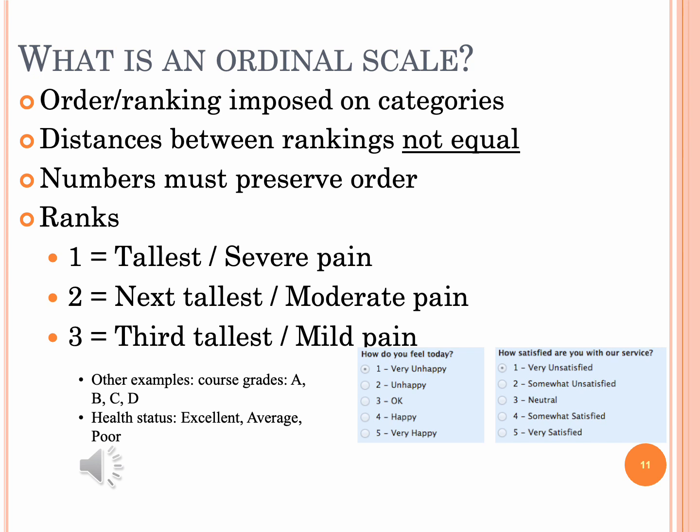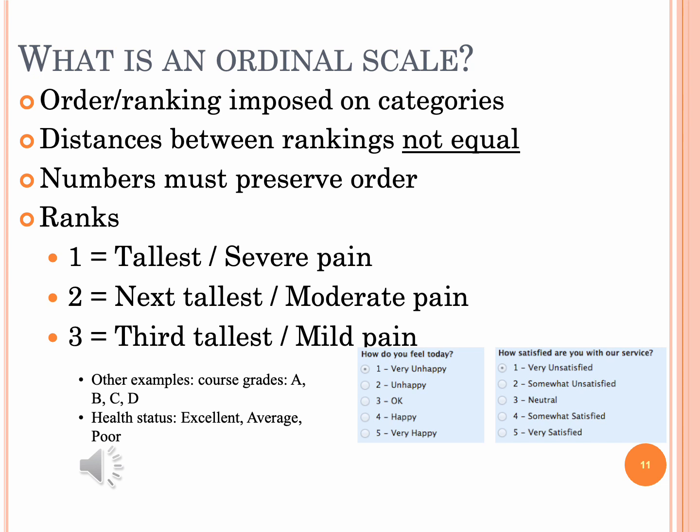So examples would be a Likert scale. You will see these measures, for example, how do you feel today, ranging from very unhappy to very happy. This is an example of a 5-point Likert scale. The same with satisfaction, from very unsatisfied to very satisfied. Other examples are grades, for example, if you get an A, a B, a C, or D in your studies, or health status, from excellent, average to poor.